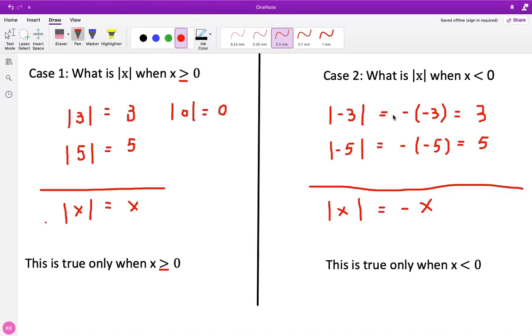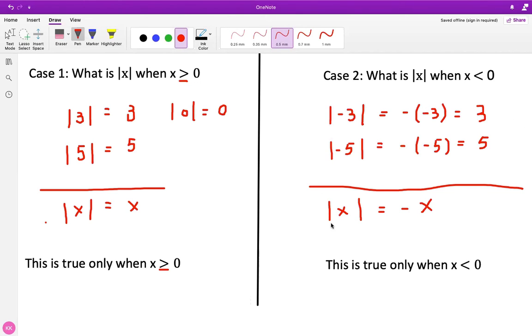What I do here is put a negative sign in front to cancel out the negative sign in order to get a positive number, right? Do you see that? For the absolute value of -5 also, I need to put the negative sign here to cancel out the negative sign. That's why I got +5 and +3 in these situations.